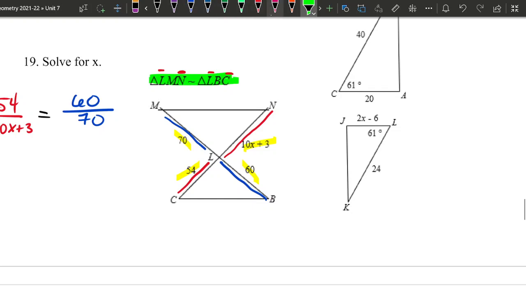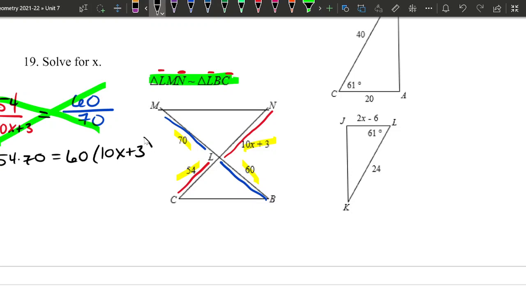All right, so now that I've done that, I'm going to do the cross product. So crisscross multiply. 54 times 70, so that's going to be pretty big, equals 60 times 10x plus 3. All right, so 54 times 70 is 3,780. And that equals, so here I'm going to distribute the 60 to both parts inside parentheses.